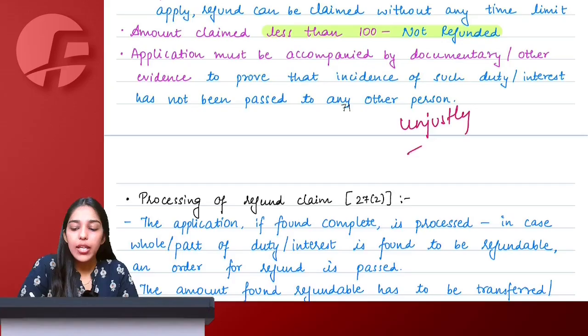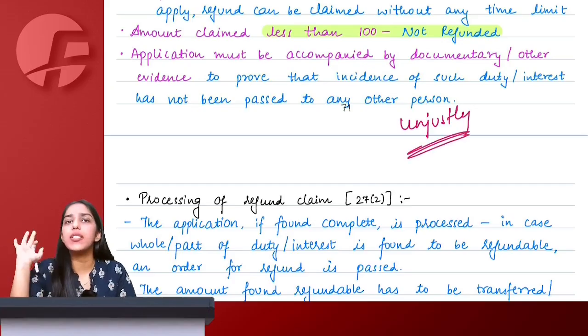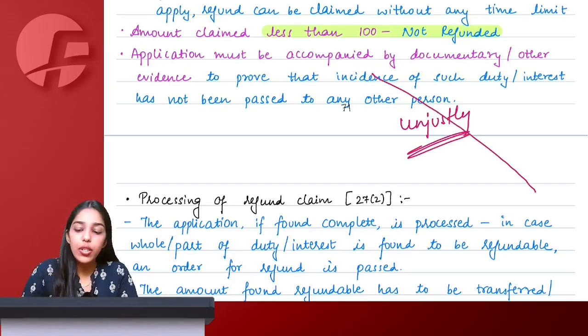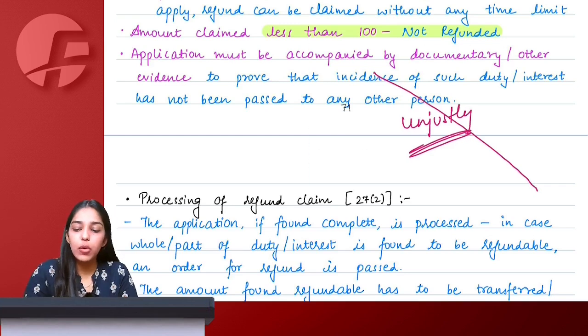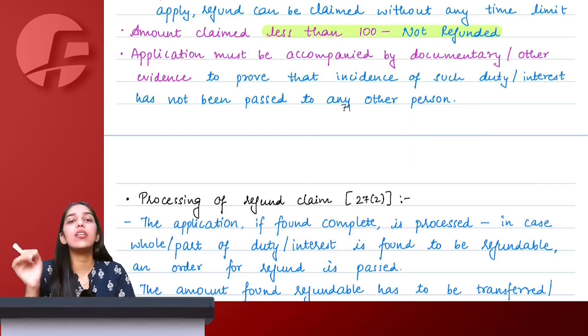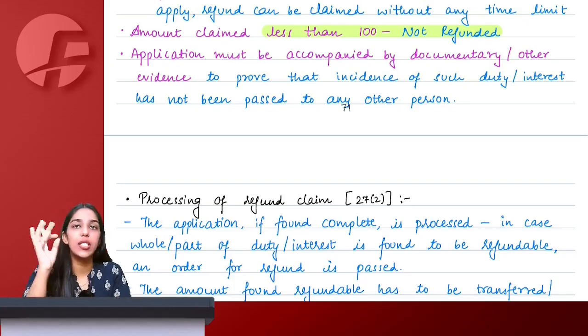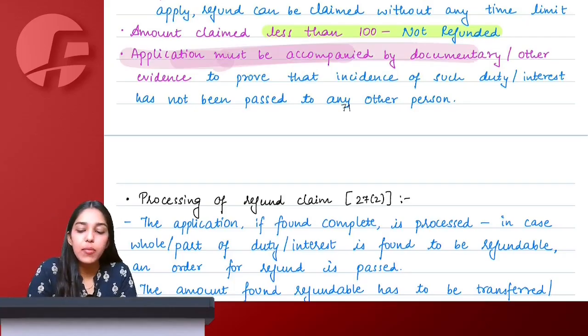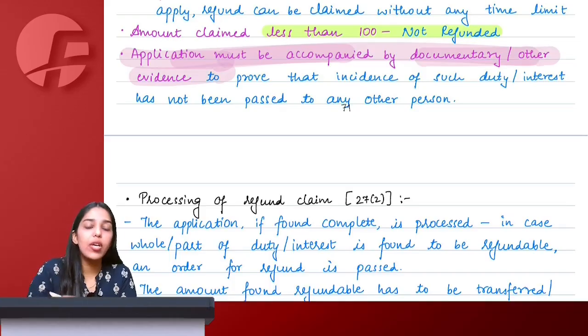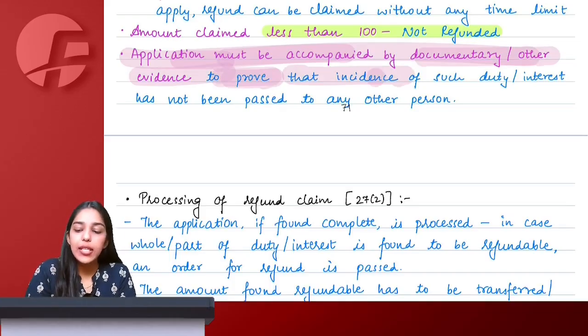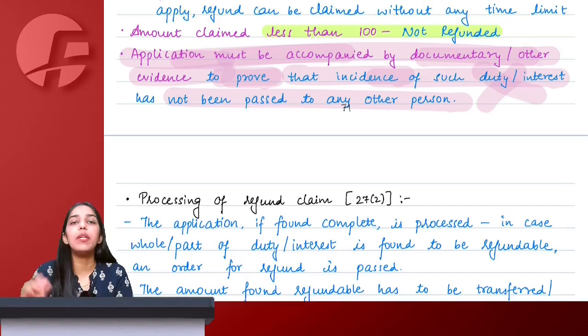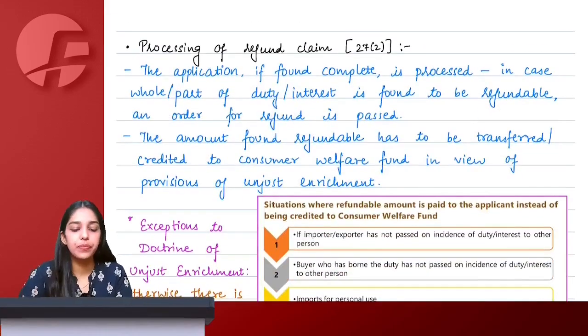You will be unjustly enriched because you have anyways passed the burden on someone else. So you need to present documentary evidence proving that the refund is due to you only. You have not passed on the incidence to anyone. So the application must be accompanied by documentary or any evidence to prove that incidence of such duty has not been passed on to any other person.